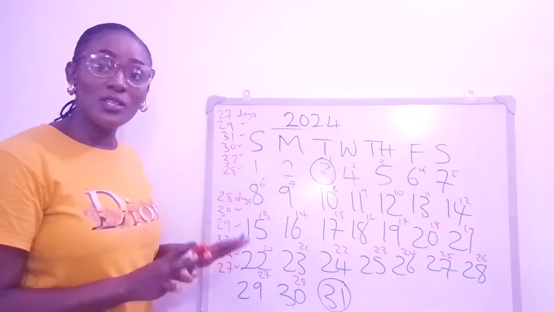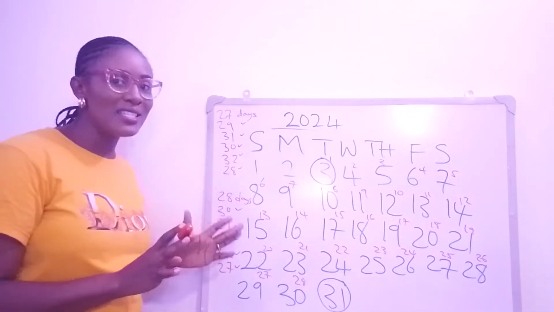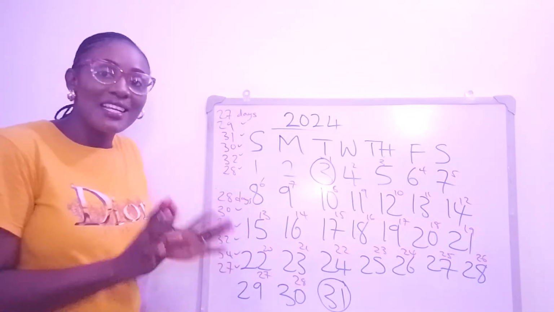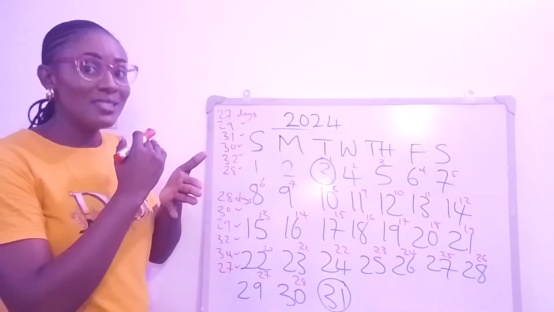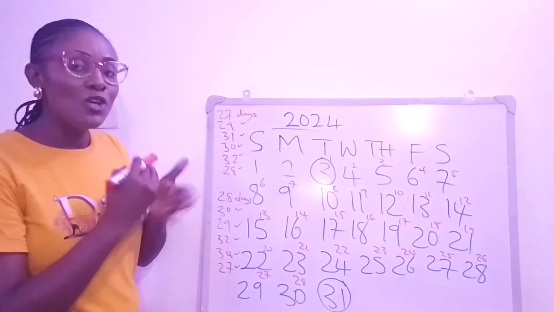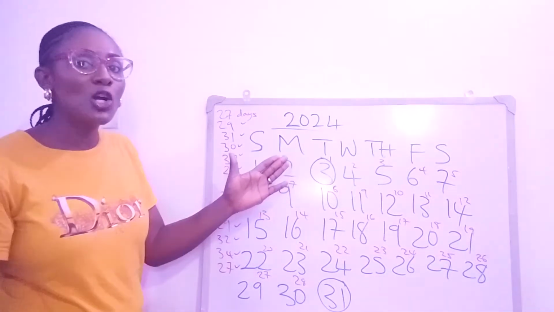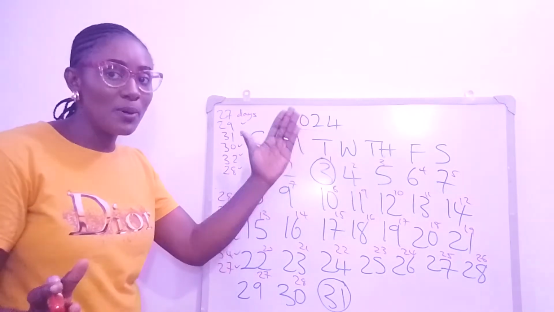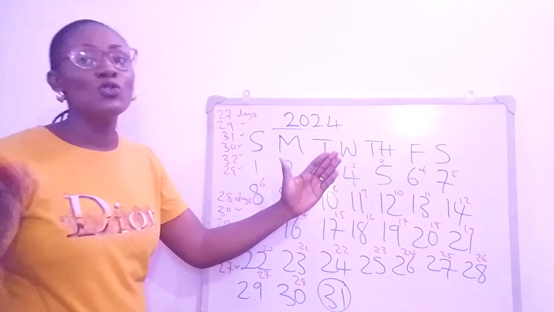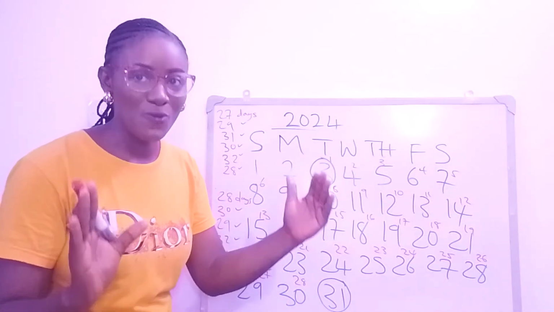So in knowing this woman's fertile window, remember I said you can't pinpoint the exact day she's likely going to ovulate, unlike when the menstrual cycle is constant. So in this one, you only choose the beginning of the fertile window and the closing. We have a range, and this is the possible moment she's going to ovulate.